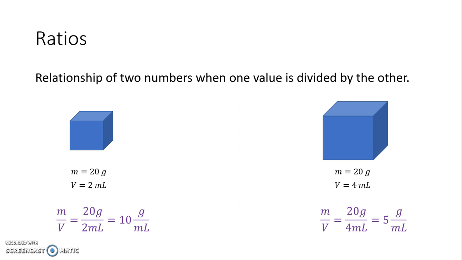This particular ratio is an important property of matter. We commonly call it density, which is symbolized using the Greek letter rho, which is kind of this round P looking thing. It's a Greek letter rho, R-H-O. So density is defined to be the mass per volume.